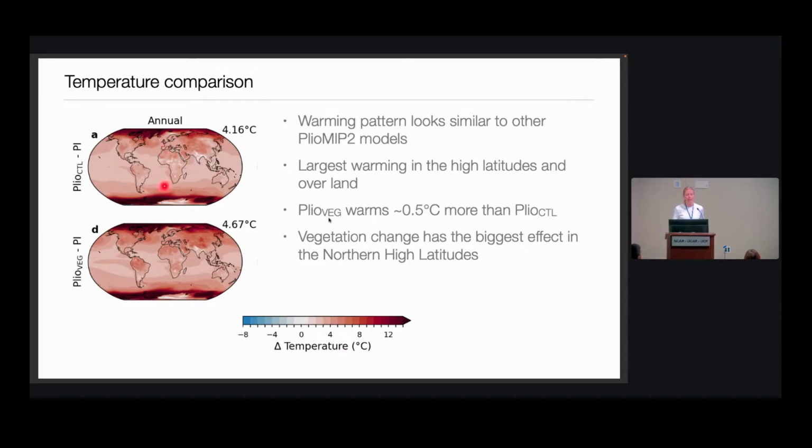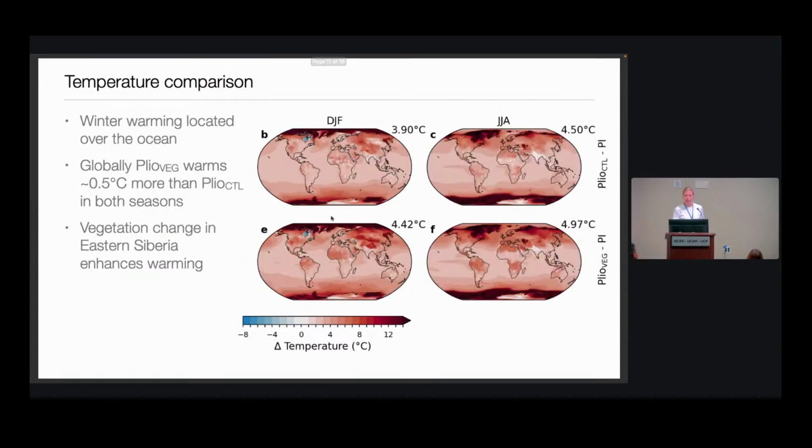Then if we compare between these two models, we see that the PLIO-Veg warms about half a degree more than our control run. So with our change in vegetation, we can warm up the whole globe quite a bit. And this vegetation change has the biggest effect in the northern high latitudes. As you see, the warming becomes more over there.